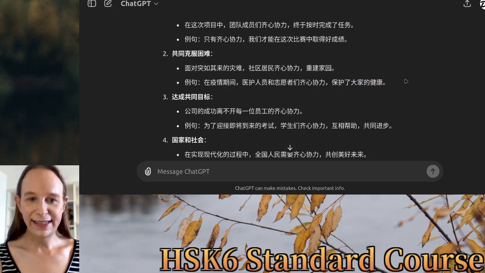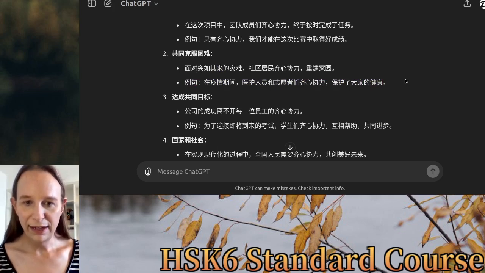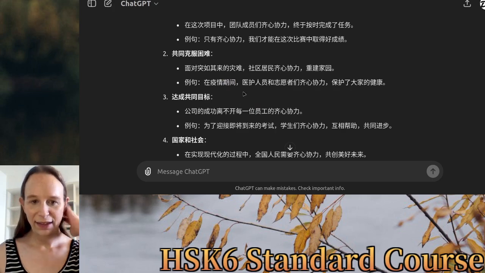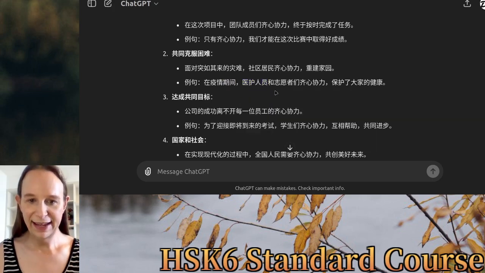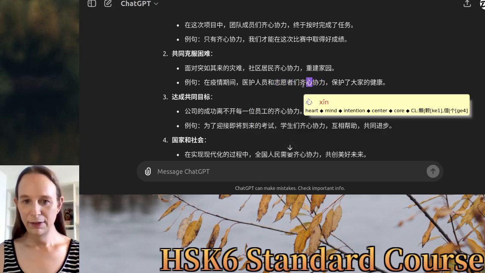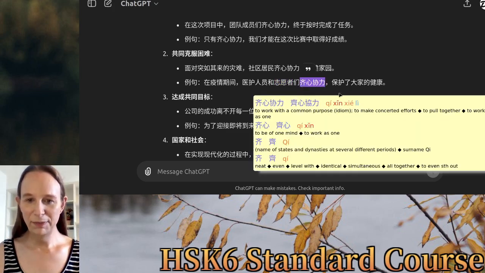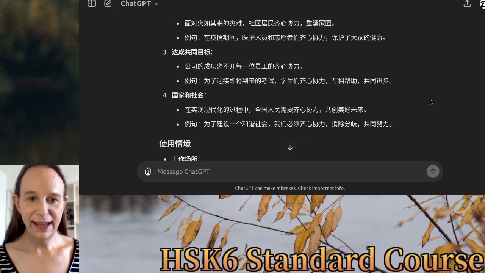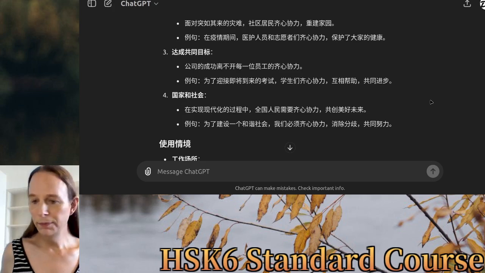在疫情期间，医护人员和志愿者们齐心协力，保护了大家的健康. Yeah, so the medical staff and volunteers worked together with a common purpose. Yeah. 为了迎接即将到来的考试，学生们齐心协力，互相帮助，共同进步.